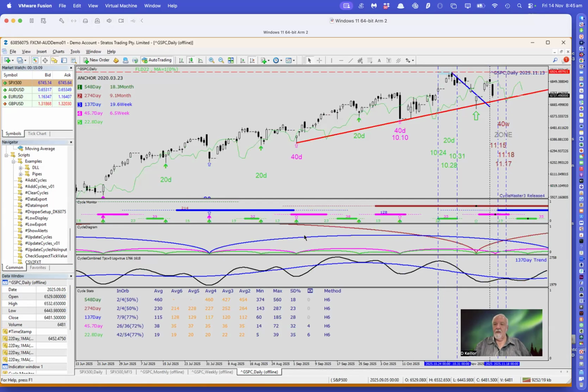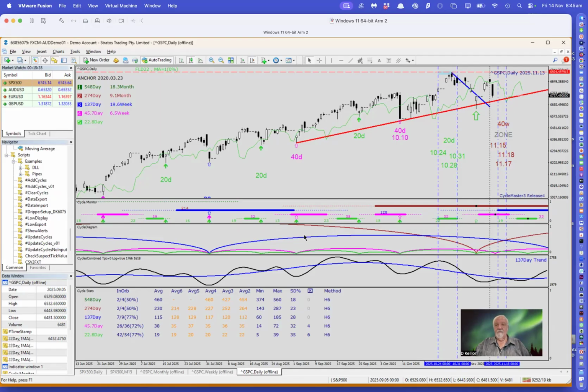Normally, the 40-week lows in the market are quite visually significant. And here on the S&P, there's a 40-week zone on the daily between the 15th of November and the 18th of November. Again, just a guide.